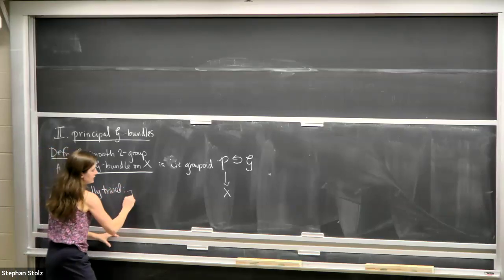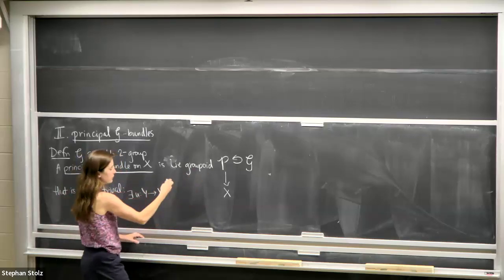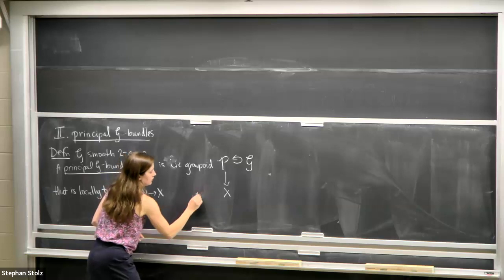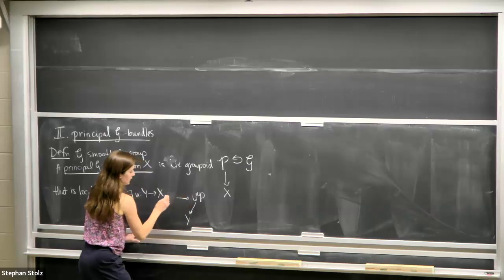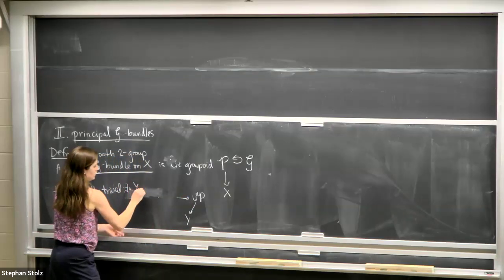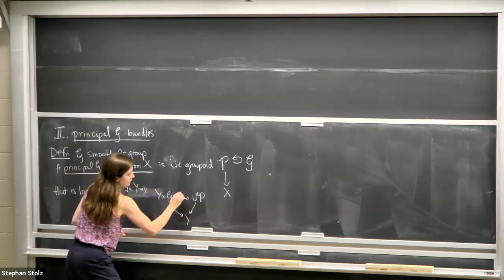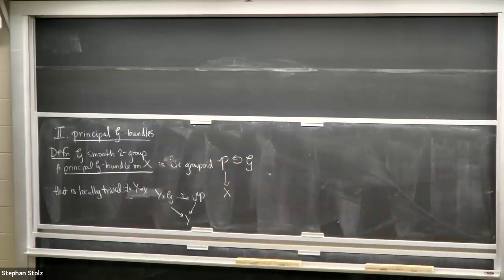That means that there exists a cover such that when you pull back P along that cover, there's an equivariant isomorphism here.